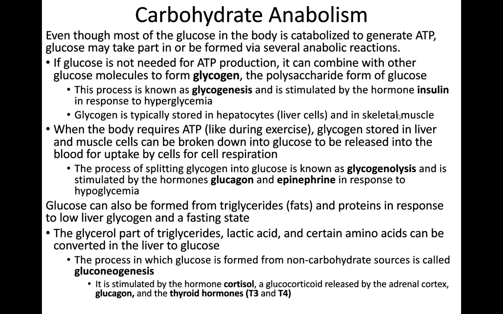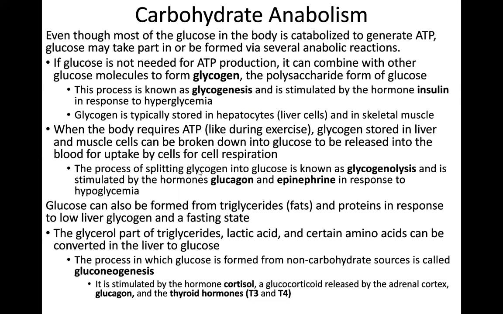We do that so that if later on we need to make a lot of ATP, like during exercise, for example, that glycogen stored in our liver and our muscle cells can be broken down into glucose to be released into the blood or for uptake by our cells for cell respiration.